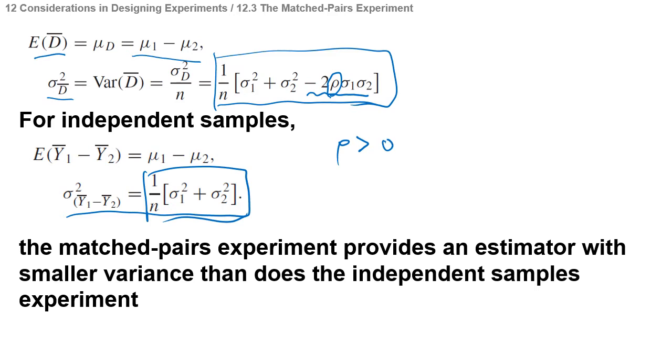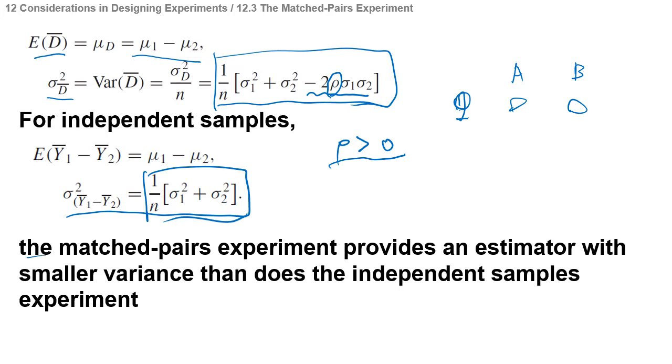So if rho is greater than 0, and usually since it is a paired sample, here's patient 1, and this patient 1 takes treatment A and treatment B together. So many times rho is greater than 0, which implies that in many cases the paired test has smaller variance.